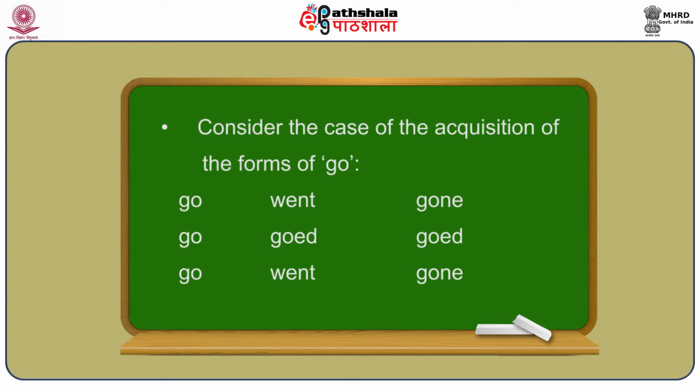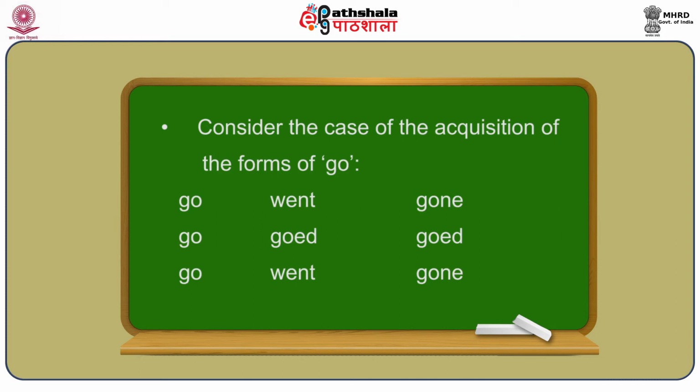The problem is go, goed, goed is actually a reflection of learning and acquisition rather than a reflection of making a mistake. The child has learned the rule that ed is added to the verb in the past tense.